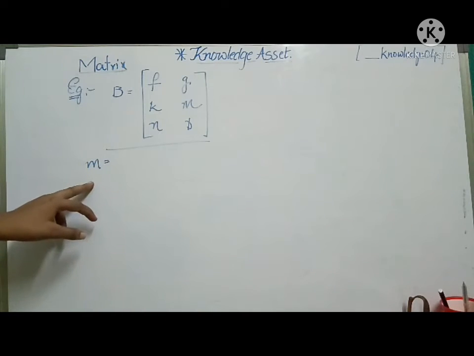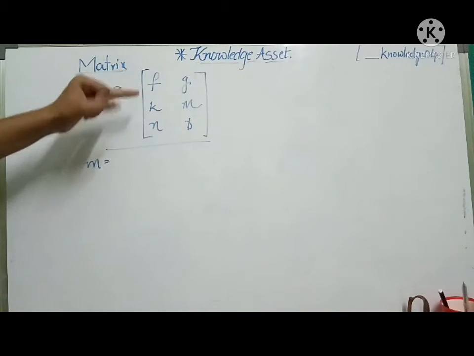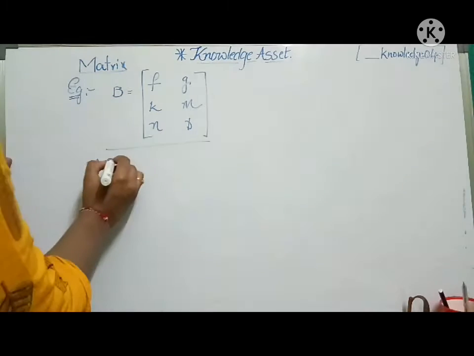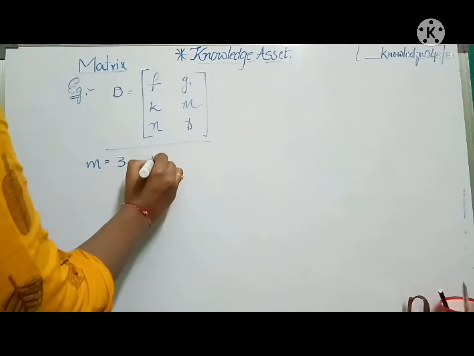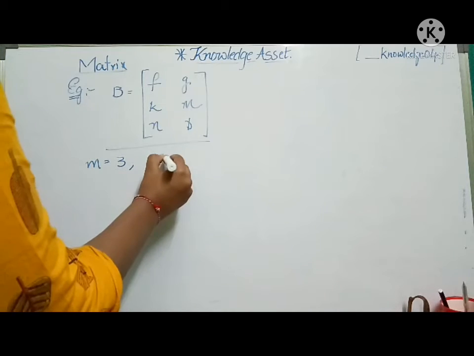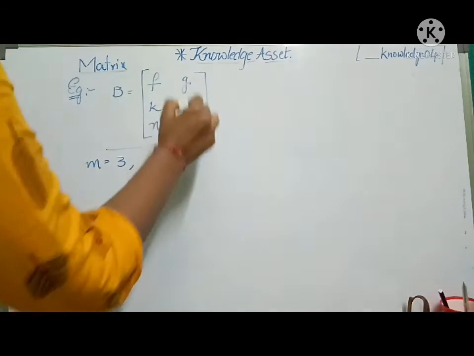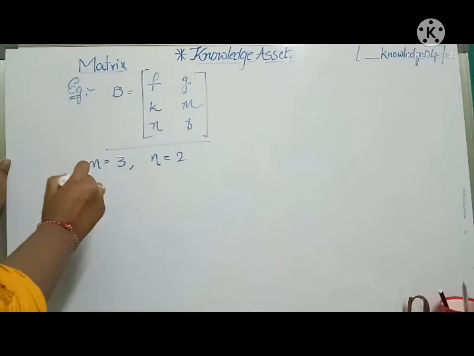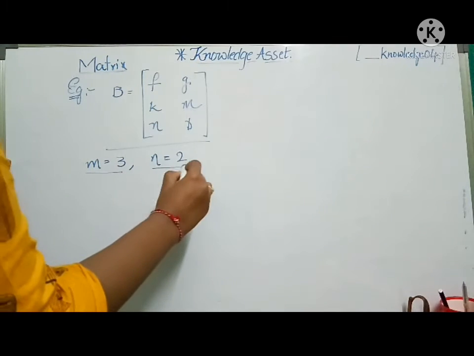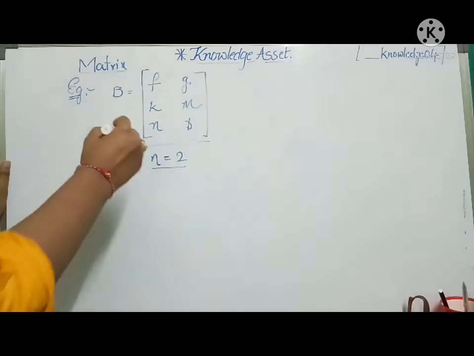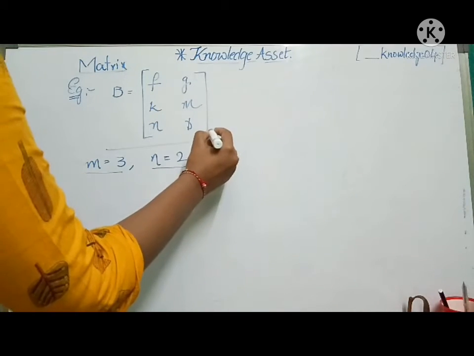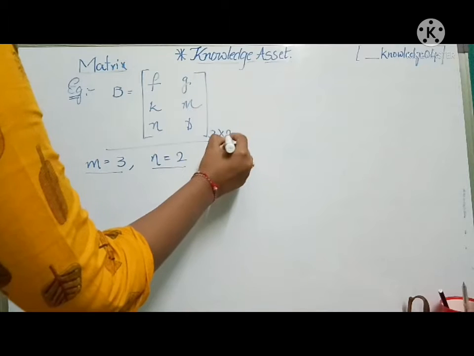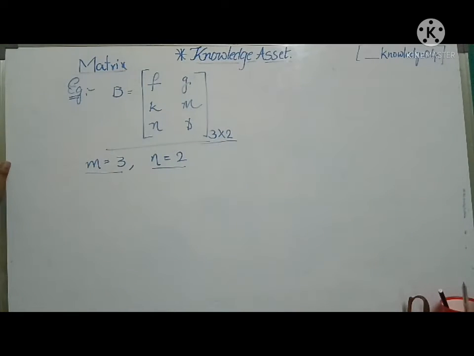How many rows are there? 1, 2 and 3. There are 3 rows and the number of columns is 1 and 2. So n is equal to 2. Number of rows is equal to 3. Number of columns is equal to 2. Hence this matrix is said to be a 3 by 2 matrix. Okay, now we got the point, I think.